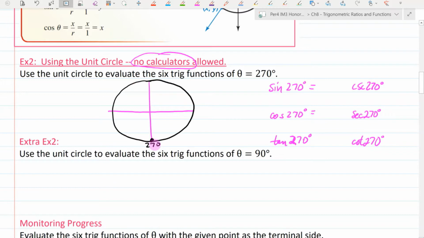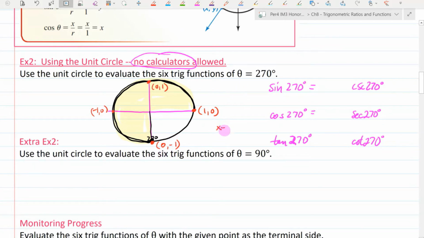At the unit circle at 270 degrees, remember this is an xy with a radius of 1, this point right here is 0, -1. Remember that we did the ordered pairs, right? This was 1, 0 because the radius is 1. This was 0, 1. This was -1, 0. And that point right there is 0, -1.